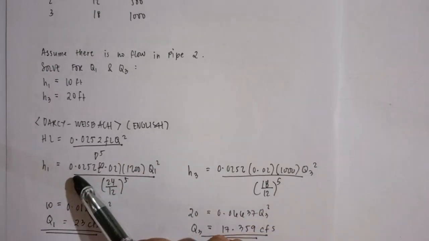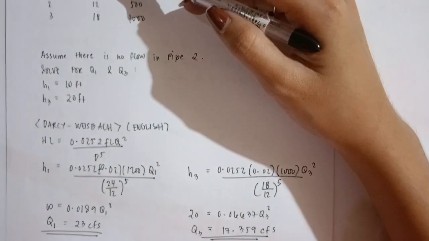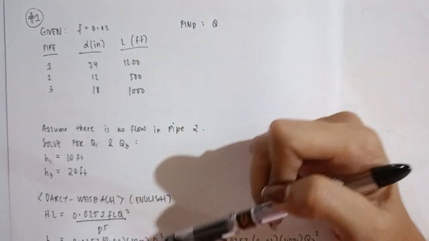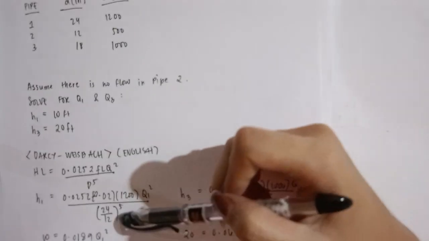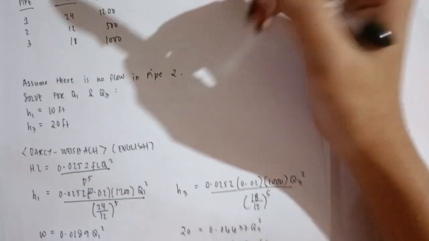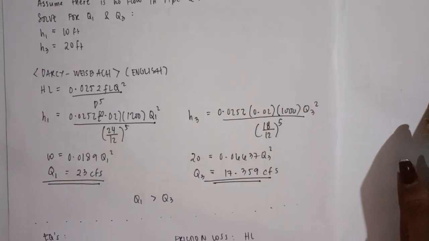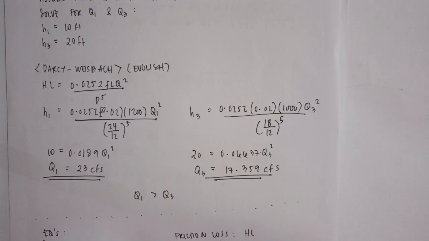So we've got 0.0252 times 0.02, the f here, times 1200, the length, times the unknown Q squared, over the diameter of 24 over 12 to make it feet, to the power of 5. And we arrive at an answer of 23 cubic feet per second.